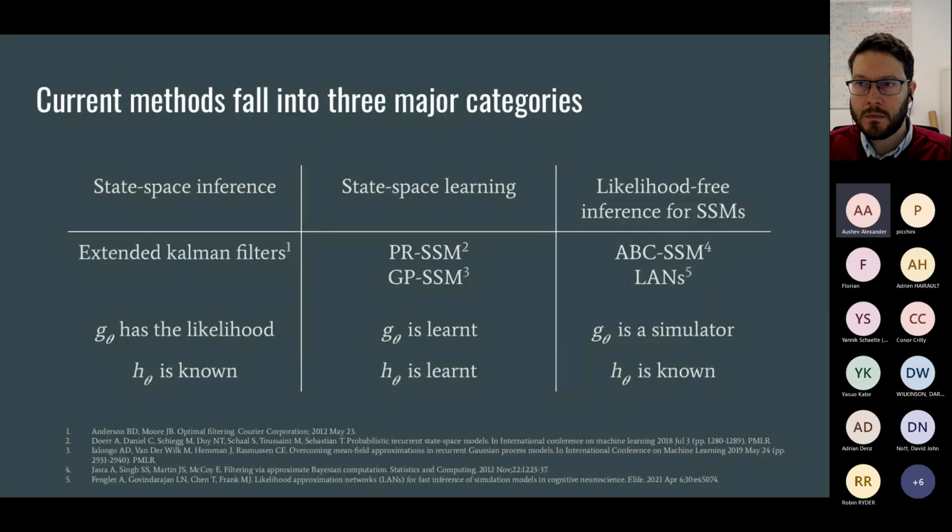They are given the time series, and they are able to find some kind of a learned state representation. In likelihood free inference, G, of course, is a simulator. The states are not learned, so they have the advantage of being interpretable.